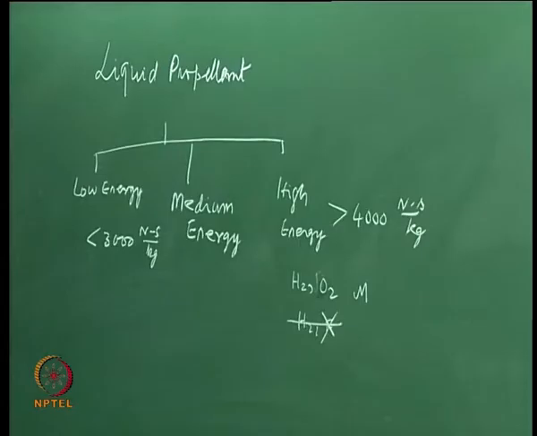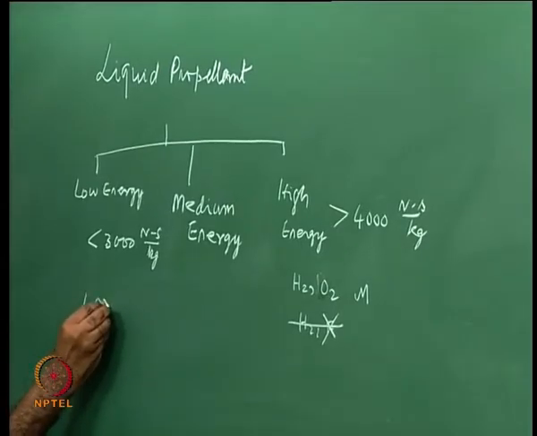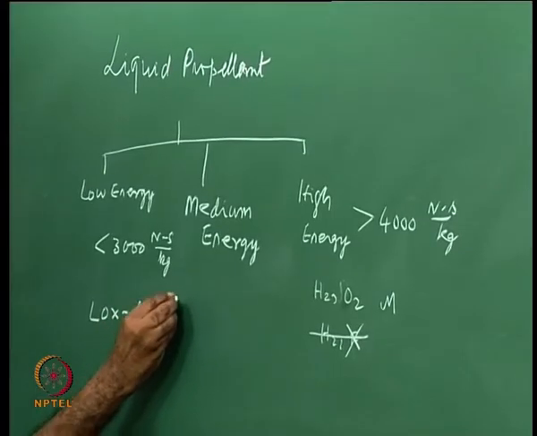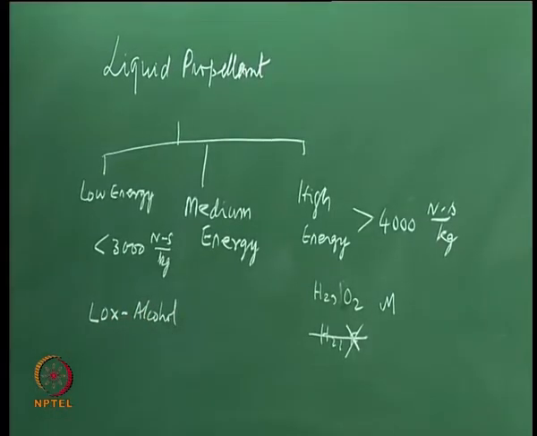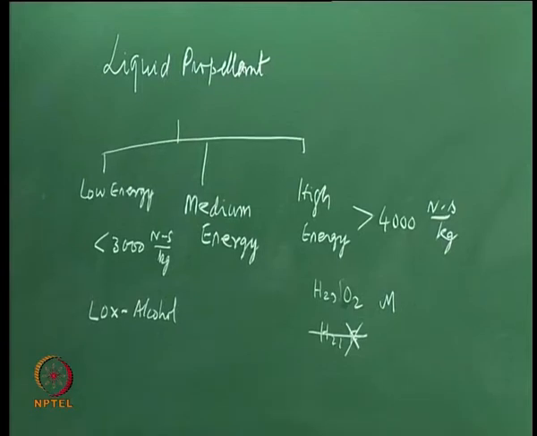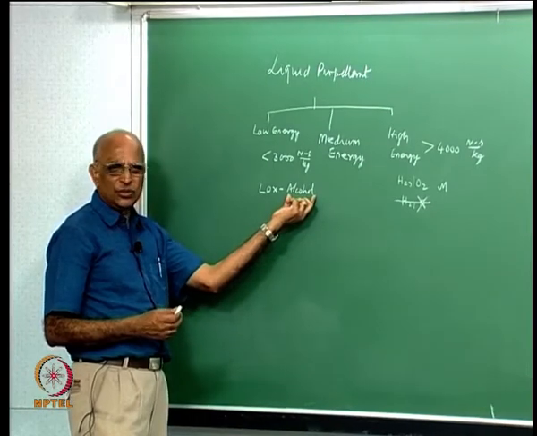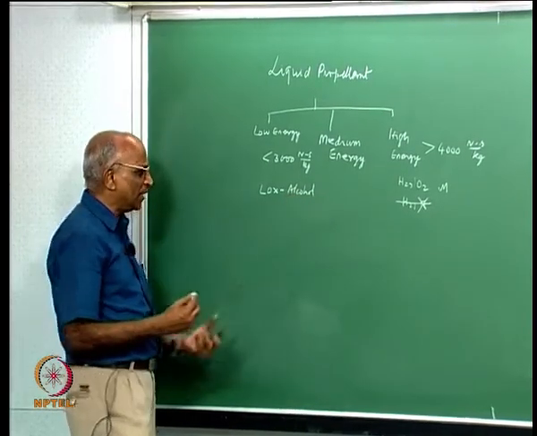For this we started with LOX and alcohol, which was used in the V2 rocket in 1945. It was developed by the Germans. It was the first flying rocket, and therefore I always take this as an example. But alcohol contains oxygen also in addition to hydrocarbon, therefore it is not that energetic.